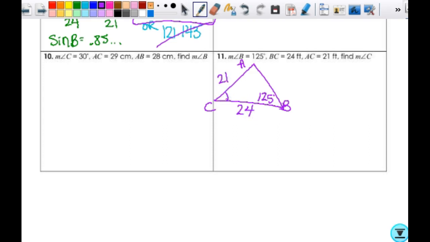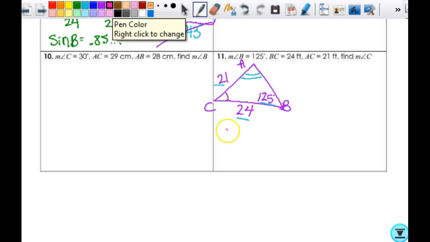I'm looking for angle C. Is angle C something I can find directly right now? No, because the 21 goes with the 125, and then the 24 can help me find angle A, right? So even though I want angle C, I've got to find angle A first. Y'all agree with that?